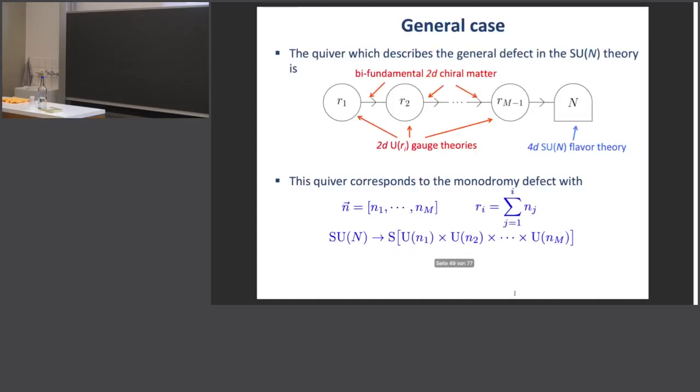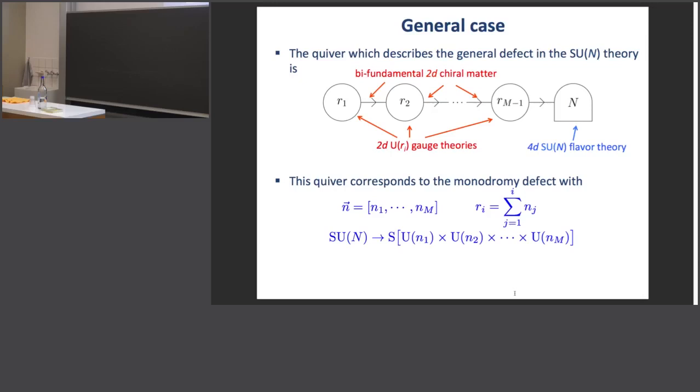What I described to you in the case of SU(2) can actually be generalized without any problem to SU(N), and to a more generic configuration, which will correspond to this kind of quiver theory, in which, again, the round nodes are two-dimensional gauge nodes, U(R1), U(R2), and so on, with the arrows denoting in the usual way the matter in bifundamental representation.